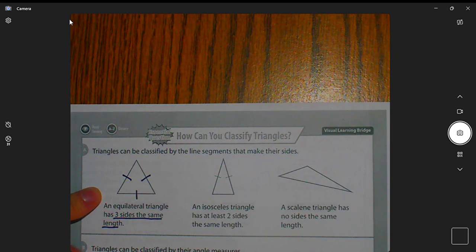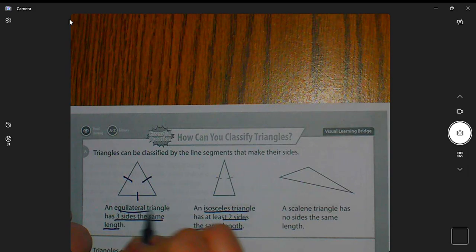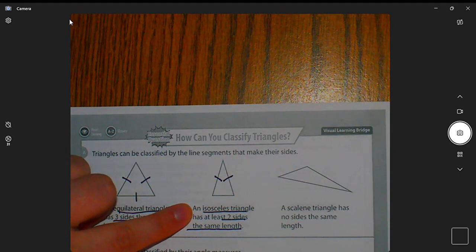The next triangle we're going to look at is isosceles, and it has 2 sides that are the same length. So again, I see that I have these 2 little marks. Those 2 little dashes mean same. An isosceles triangle has 2 sides that are the same length.